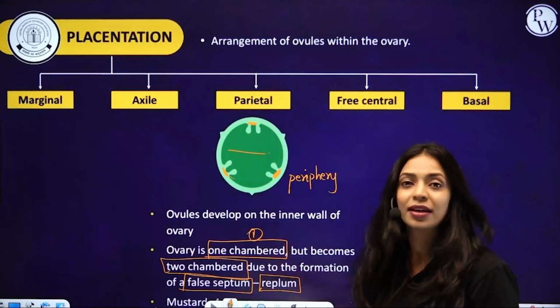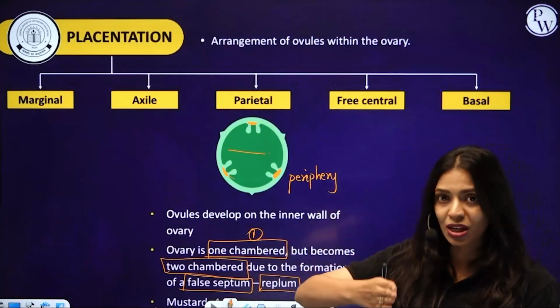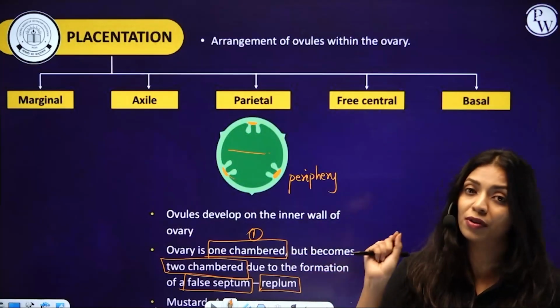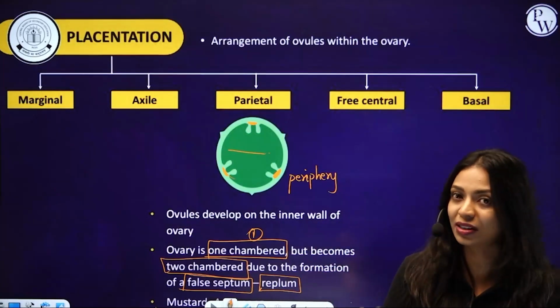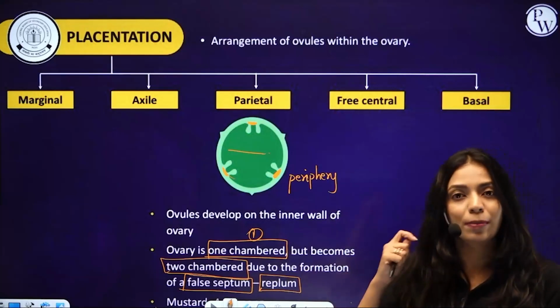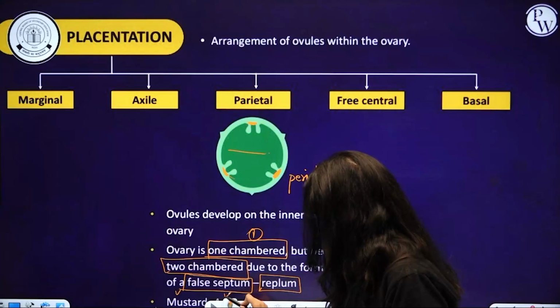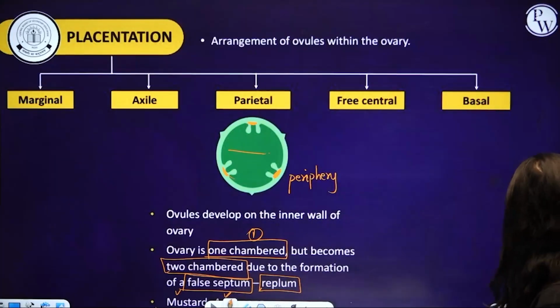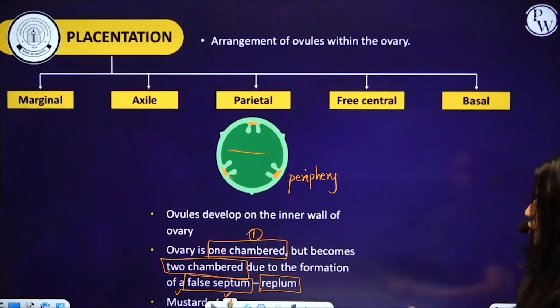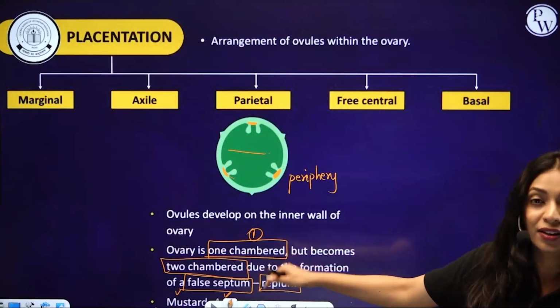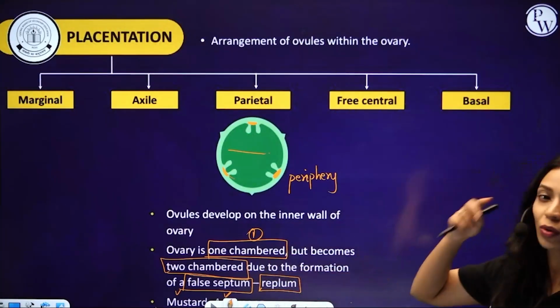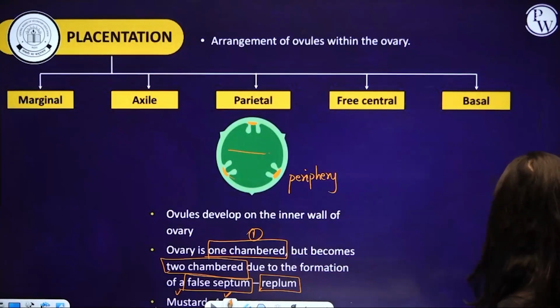Eventually, it will appear two chambered because of the formation of a false septum, which we call the replum. This kind of placentation can be observed in mustard and argemone. Argemone is another example which you cannot see here, but when you download the notes, definitely you will be able to see that example.